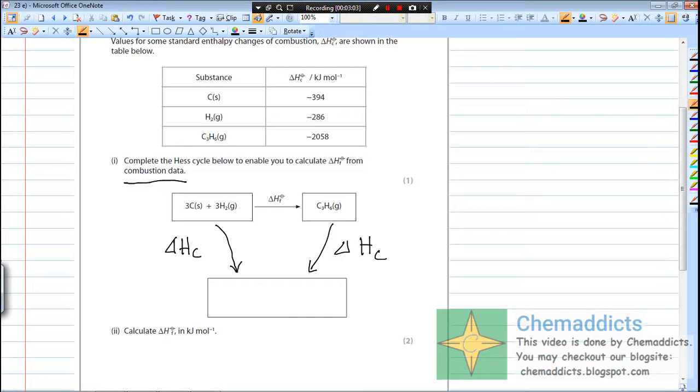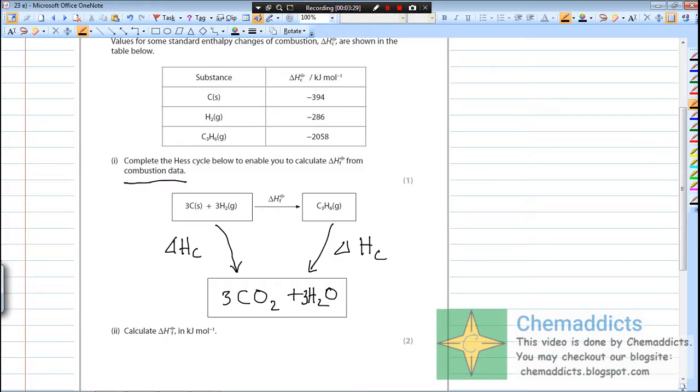If we do the combustion of the reactants, carbon and hydrogen are present, so we will get carbon dioxide and water as a result. There are 3 moles of carbon and 3 moles of hydrogen.